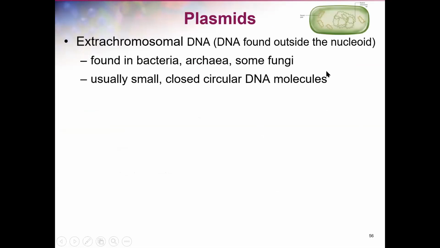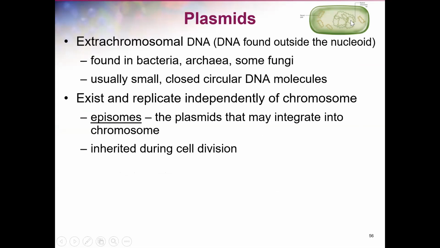Besides the chromosomal DNA, bacteria or archaea also have other DNA floating around in the cytoplasm. It's also circular, but small, quite tiny compared with the chromosome. We call this plasmid DNA, which is very important. You can see I have a lot of different kinds of plasmid DNA. We'll talk more about it later on.